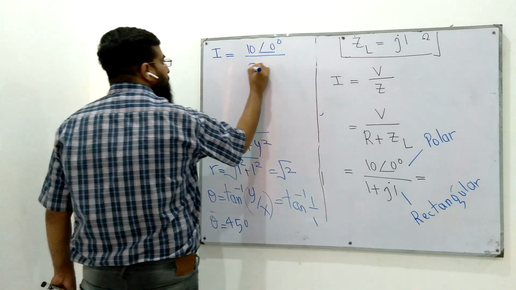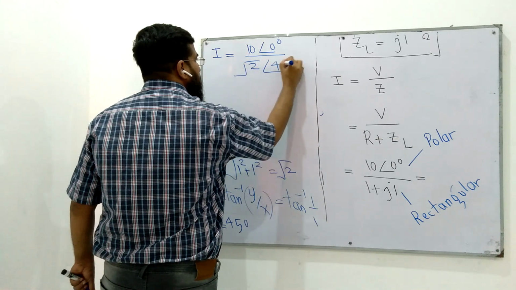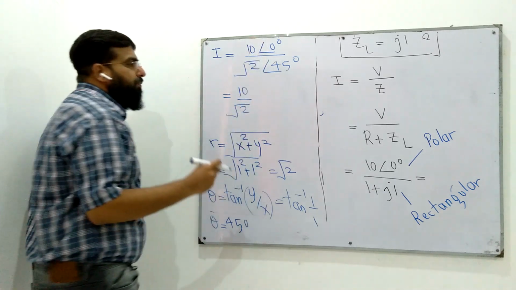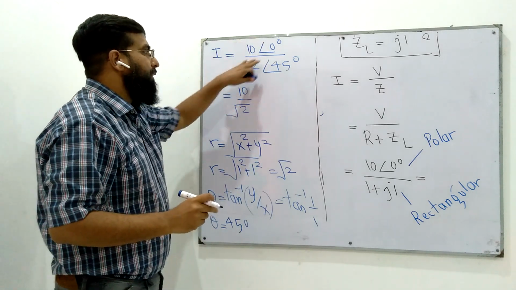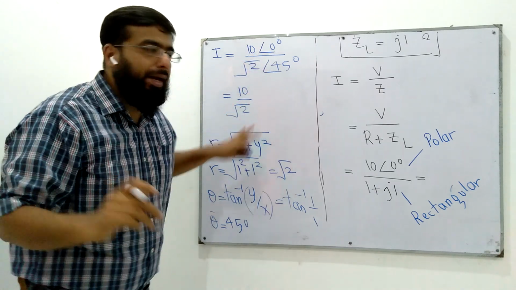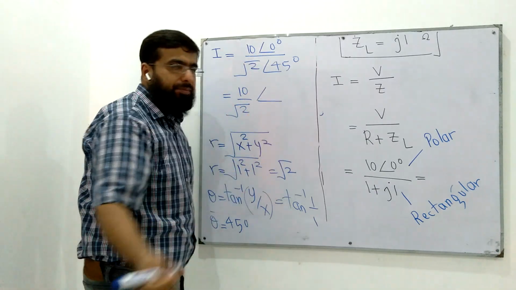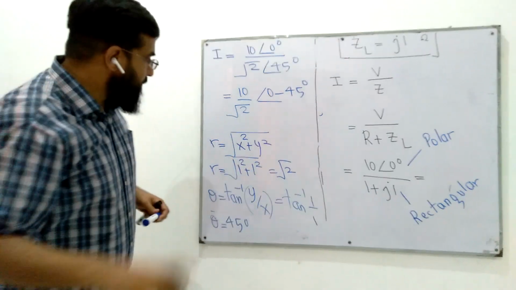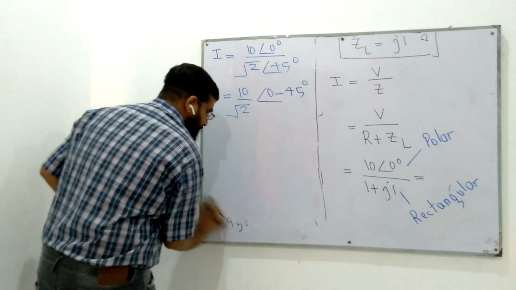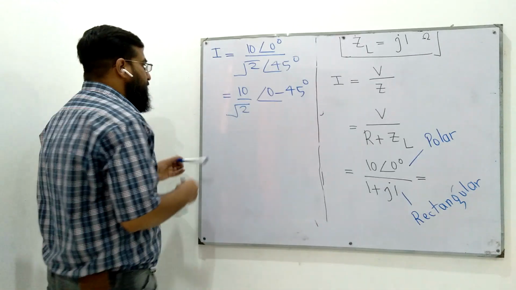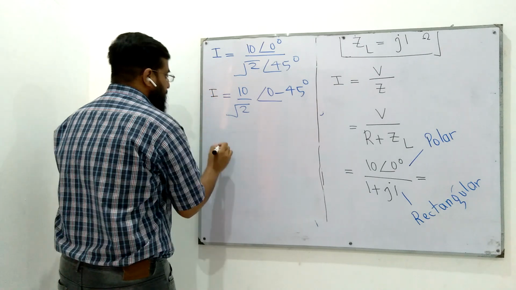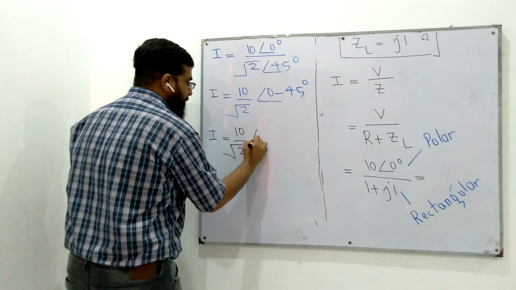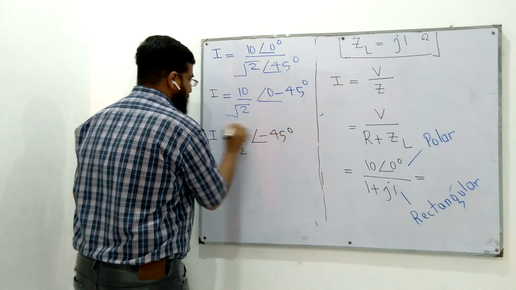So square root of 2 at an angle of 45 degrees. If we divide two polar numbers, the magnitudes are divided and the angles are subtracted, so 0 minus 45 degrees. So our I comes out to be 10 over square root of 2 at an angle of minus 45 degrees.